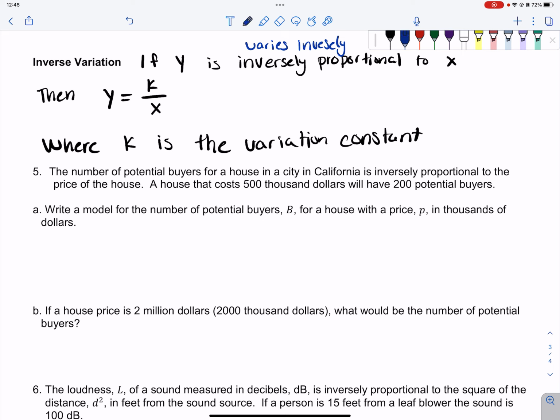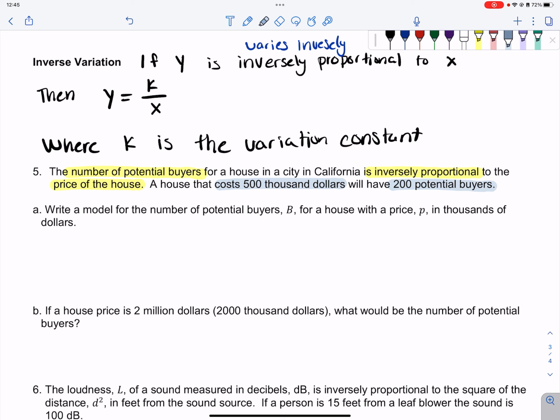Now, the first example that we have here is that the number of potential buyers for a house in a city in California is inversely proportional to the price of the house. We are also told that a house that costs $500,000 will have 200 potential buyers.